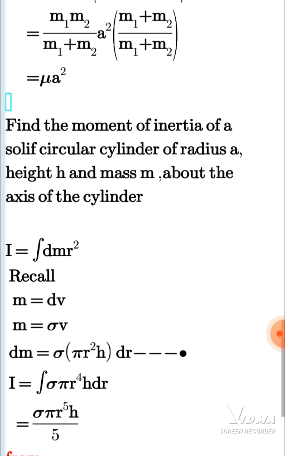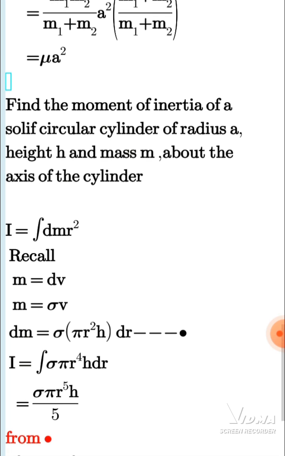Recalling that mass equals density times volume, and the volume of a cylinder is pi r squared h, when we take the derivative of both sides, we have dm with respect to the radius.